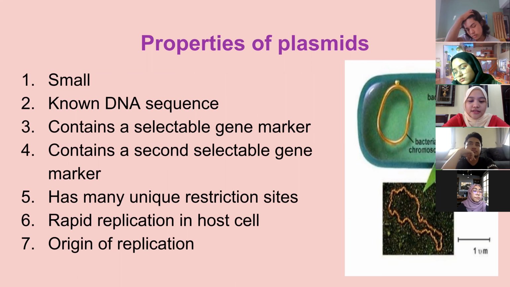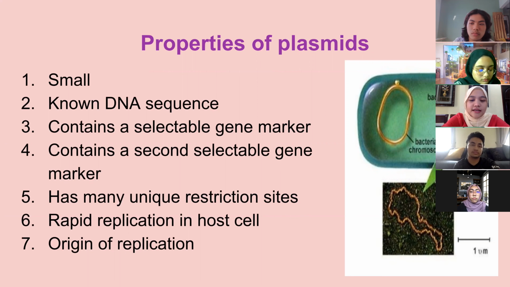Third, it contains a selectable gene marker. Next, it contains a second selectable gene marker, a gene that codes for beta-galactosidase, which can break down the colorless X-gal to a blue compound and is inactivated by insertion of a passenger DNA.